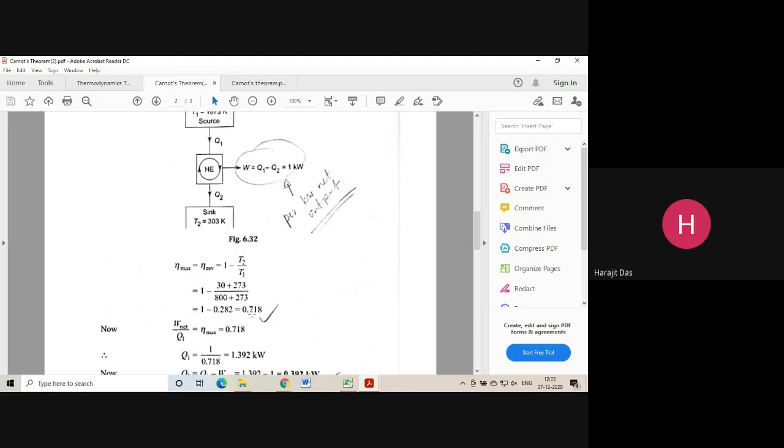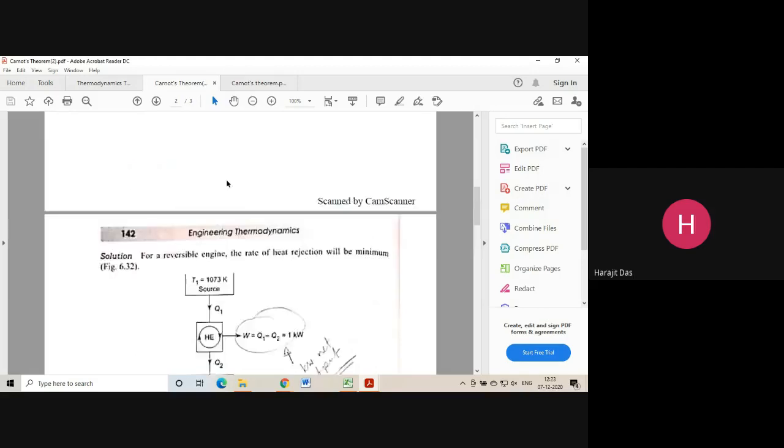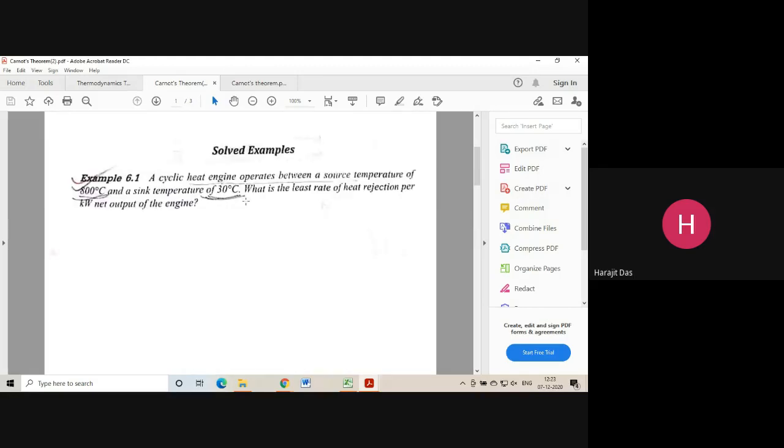So now what you can find out? You can find out the heat input. What will be the heat input? Here it is given: what is the least rate of heat rejection per kilowatt net output of the engine?